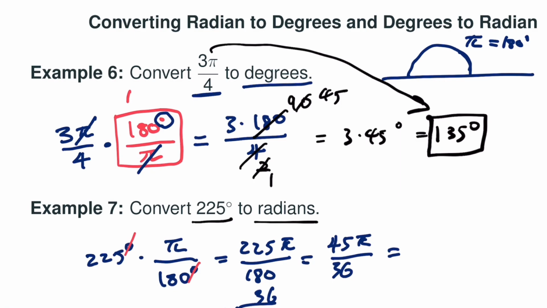And 5 times 9 is 45. 4 times 9 is 36. So it's 5 pi over 4. So 225 degrees is the same thing as 5 pi over 4.